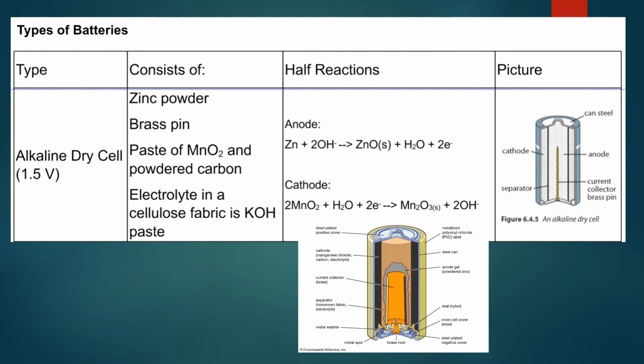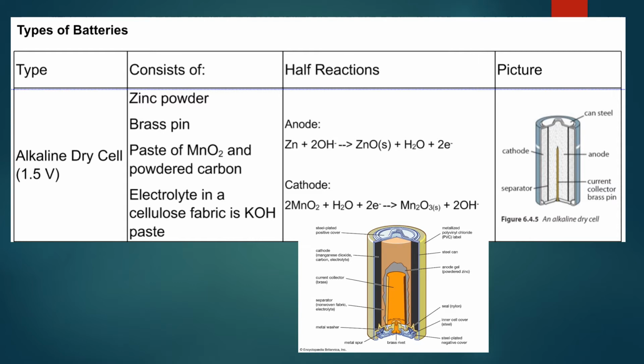The two half reactions that are taking place are between the manganese dioxide in the cathode and the zinc in the anode. And you'll notice that the anode reaction there is in basic conditions. We're actually balancing that one with hydroxide. At the cathode, that manganese dioxide turns into dimanganese trioxide, and we get that basic condition as well.